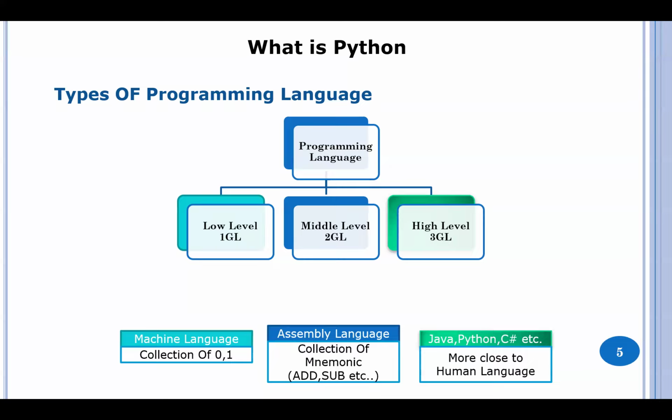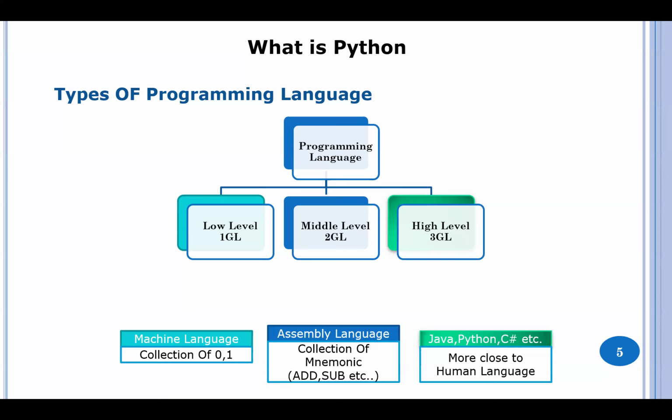Okay, understood? So we have low level, we have middle level, we have first generation, second generation. Low level language means machine language, and middle level language means assembly language.